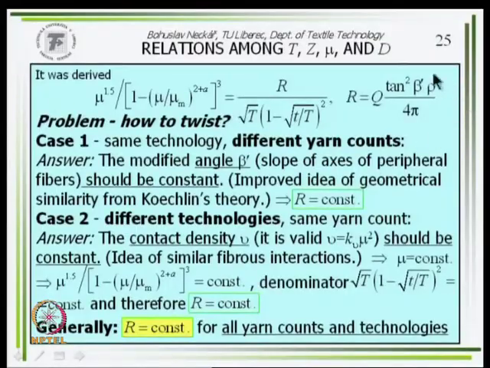Different technologies. Well, we said this is our equation, our final equation. Case 1 is the case of same technology and different yarn counts.